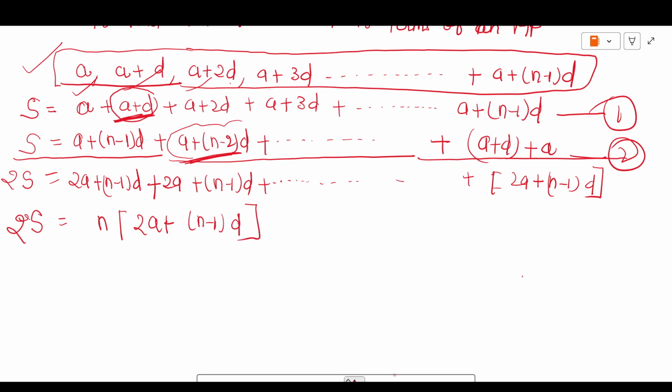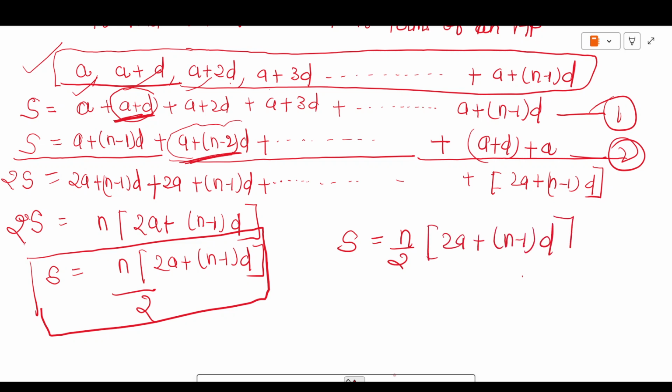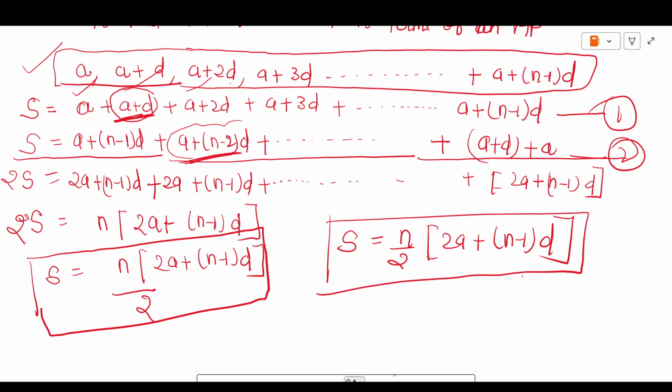Now if we divide by 2, this is the formula. S is equal to n by 2 into (2a plus (n minus 1) into d). Here is the formula.